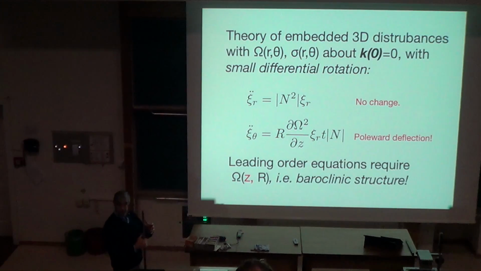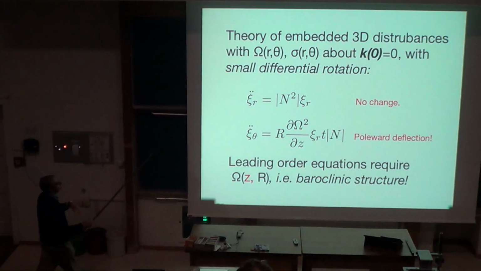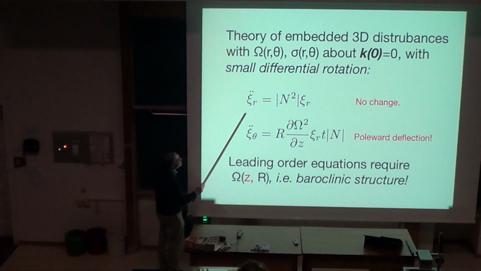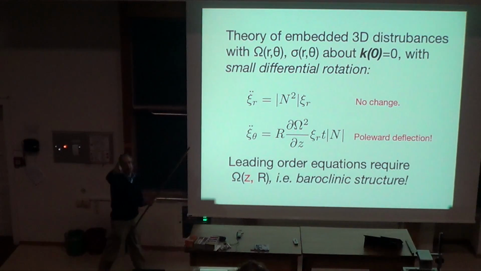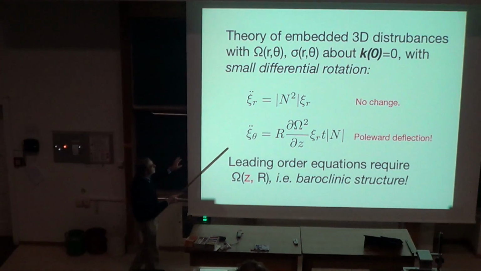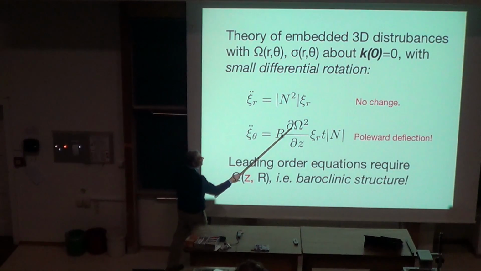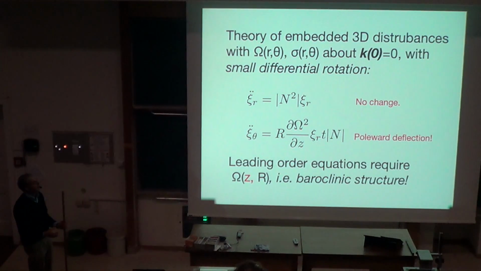If I take that full set of equations, what I find, if I look at the effect of a small amount of differential rotation, is that the radial component is growing exponentially, like we saw before. The theta component has a poleward deflection. D omega squared dz is negative in the sun.